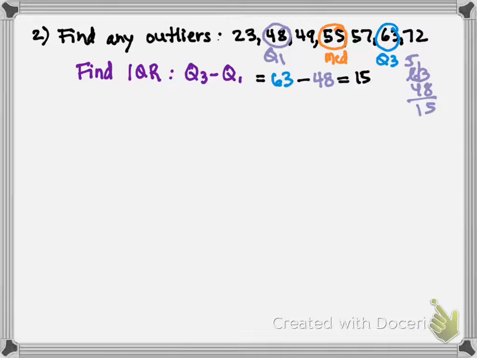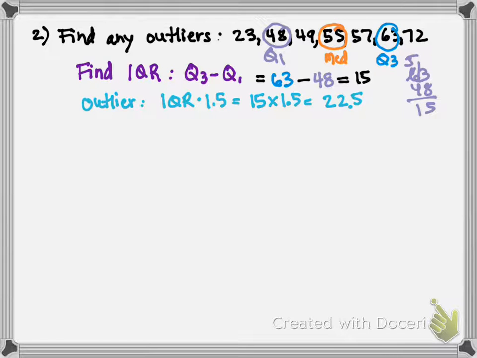For an outlier, we're going to take the IQR and we're going to multiply it by 1.5. So we have 15 times 1.5. Well, 15 times 15 is 225, but we've got one digit after the decimal point. So we're looking for this number of 22.5 away, below Q1 or above Q3.